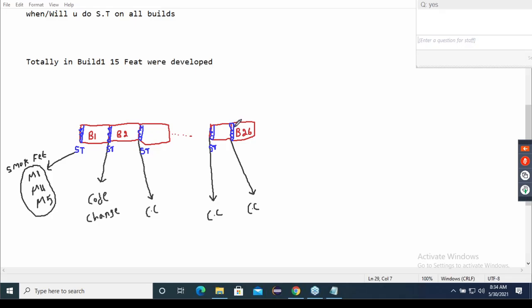Why are you saying no? Code changes were done in B25, then only they gave you B26, right? Correct? So here also 200% we will do one round of smoke testing. That means, guys, what is the summary I'm trying to tell here? You give me that answer. What is the summary I'm trying to tell?